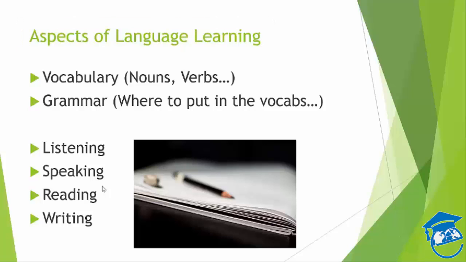First of all, you need to have a list of vocabulary. So you need to memorize the nouns, verbs, adjectives, adverbs, and so on. You need to know their meaning. And you need to know what the new sounds and words are.